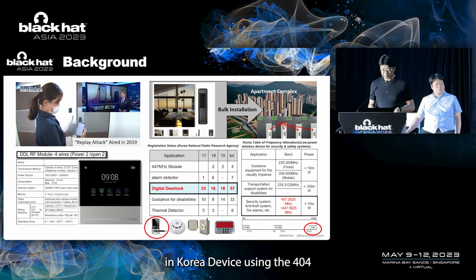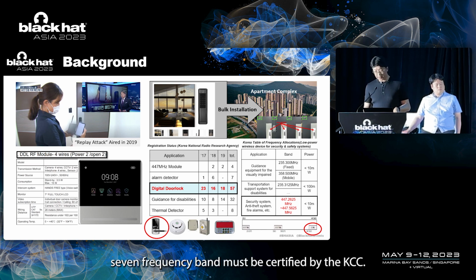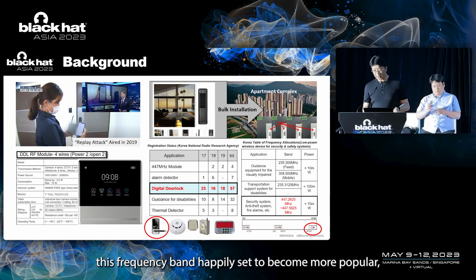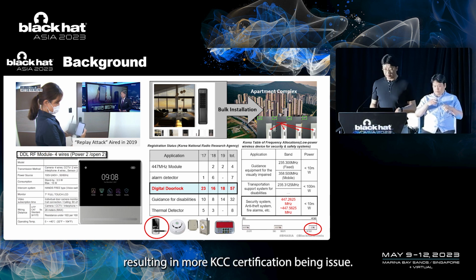In Korea, devices using the 447 MHz frequency band must be certified by the KCC. It seems that digital door locks using this frequency band have recently become more popular, resulting in more KCC certifications being issued.